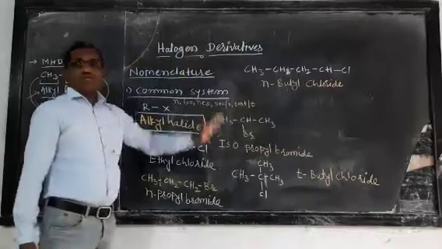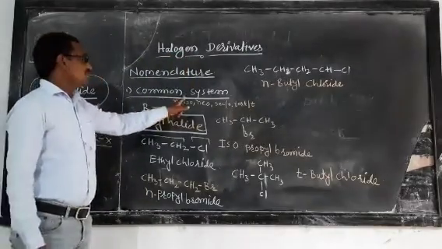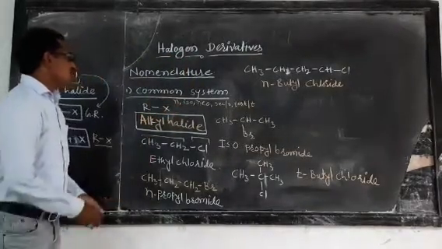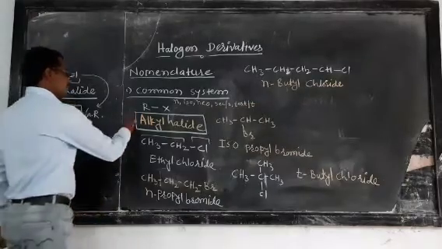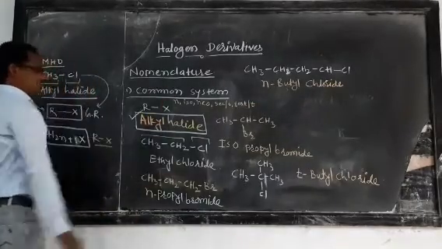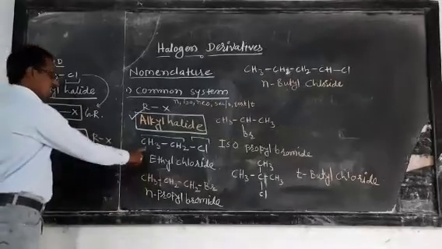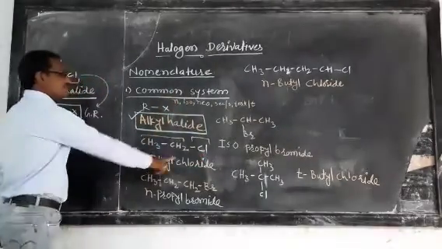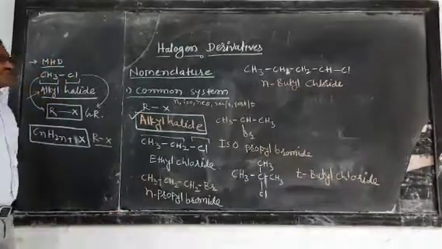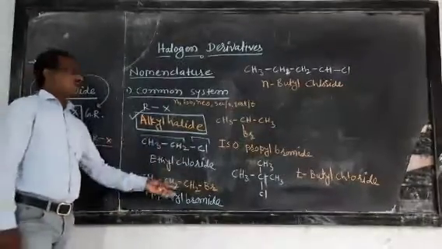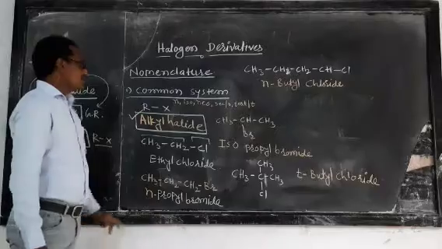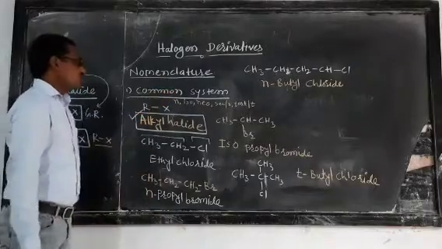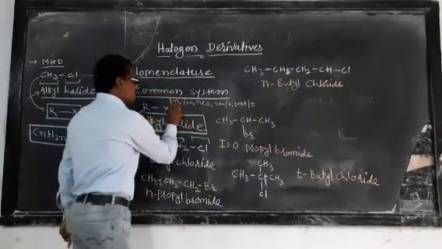Like this way, if I am revising very shortly, when we want to give the name for halogen derivatives according to the common name system, we have to nominate it as an alkyl halide. Here I have chosen one example, CH3 CH2 Cl, the name is ethyl chloride. While giving the name to any halogen derivative according to the common name system, we have to use some prefixes.